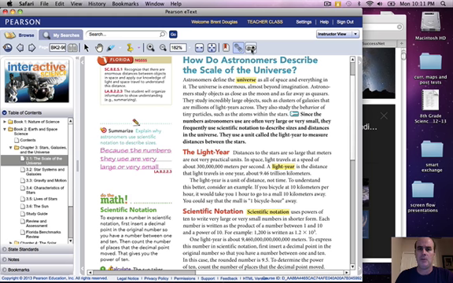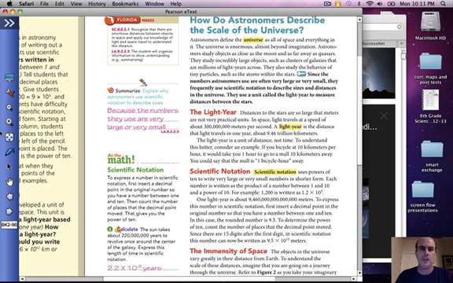Let me go to this different setting here, and we see that the universe is all of space and everything in it, and it is an enormous, almost beyond imagination, immense size, okay?